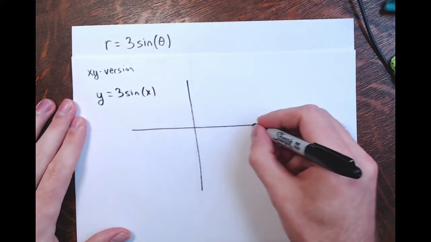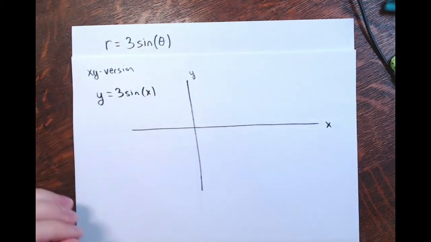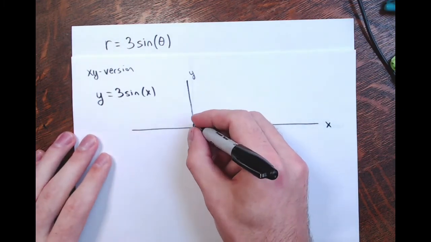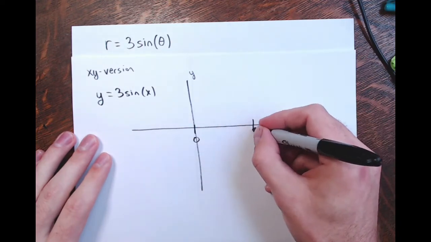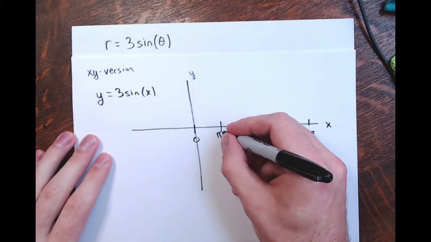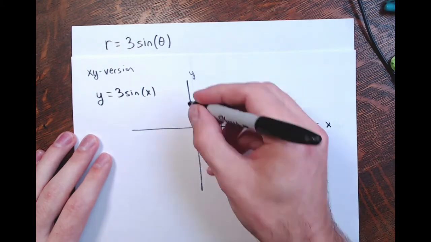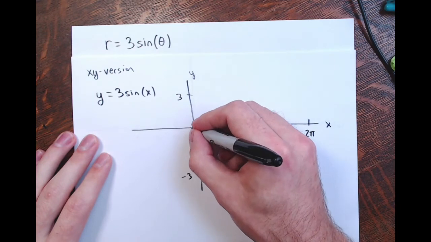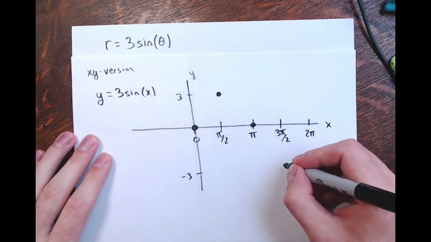The way we were used to graphing things, x-axis, y-axis, and remember how we graphed trigonometric functions in the past. So remember this has a period of 2 pi, no phase shift. Alright, so I'm going from 0 to 2 pi here. I'll cut this into quarters, so every pi over 2, and plug these in. The highest it's getting is 3, the lowest it's getting is -3, and sine of 0 is 0, sine of pi over 2 is 1, but then times 3 is 3, and then 0, and then -3.